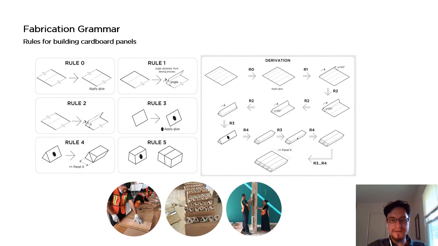The next level in the system is the fabrication grammar, and here we can see the rules designed for fabricating the cardboard panels. These rules are intended to fold cardboard to form these triangular shaped tubes or other shapes as well.